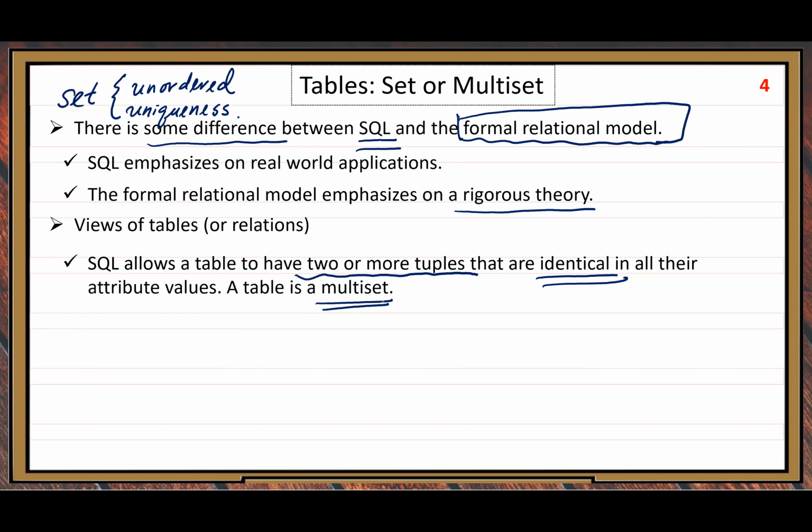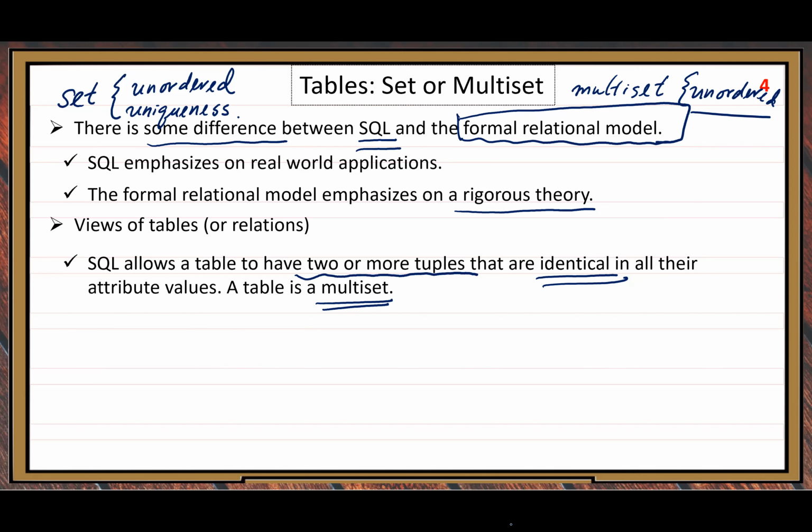For a multiset, we remove the uniqueness property from set, because a set requires the uniqueness property. The multiset is still unordered, so the key property of the multiset is the unordered property, but we remove the uniqueness property. You are allowed to have duplicate elements in a multiset.